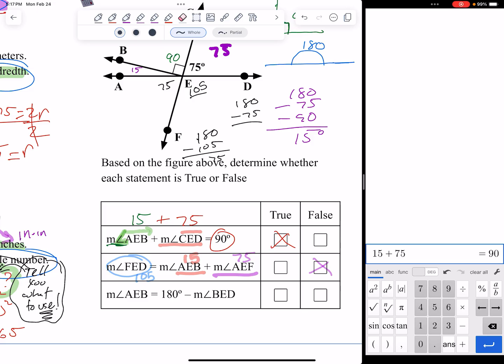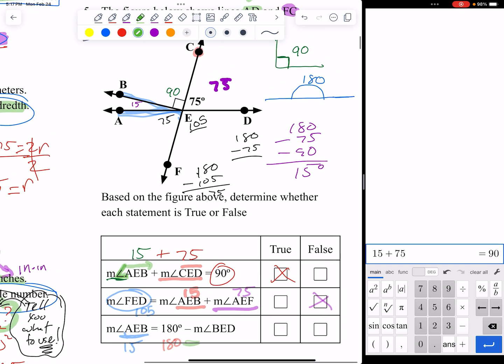So we're going to do the last one, again with our highlighters. Makes my life easier. So there's AEB, the same little one. So that's 15. Then what's next? I got 180, that's just 180. And then I have minus BED. Where's BED?